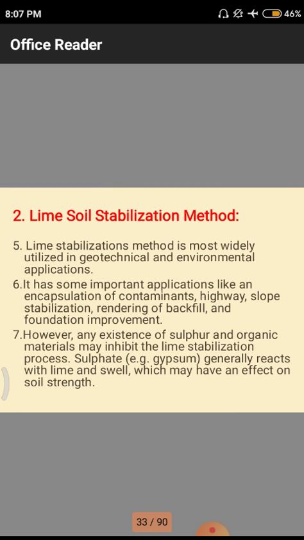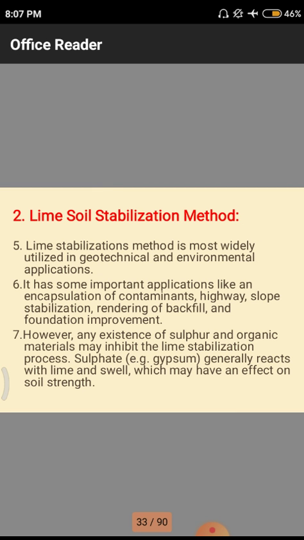We also use it in highway areas. If there is vegetation, cracks will appear on the road surface, so we arrest those cracks by introducing some lime to the soil. Next, slope stabilization.